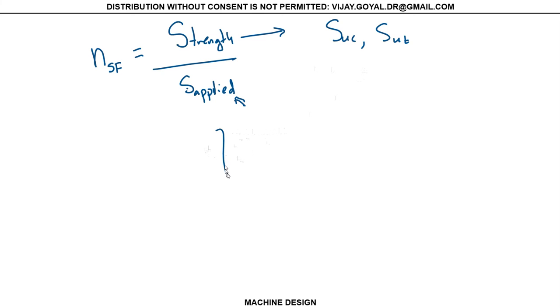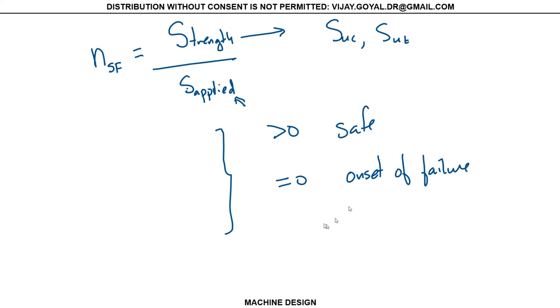As a review, just remember anything bigger than zero is safe. Anything equal to zero is onset of failure. Anything less than zero will have completely failed. The overall way that we work these problems, remember the very first thing we do is we have a design factor.